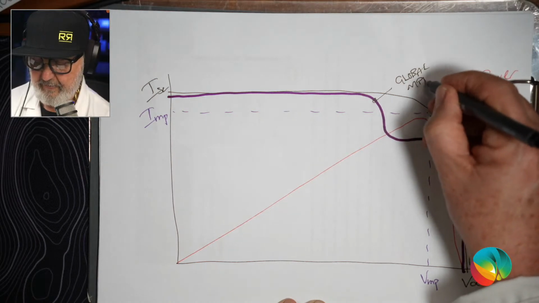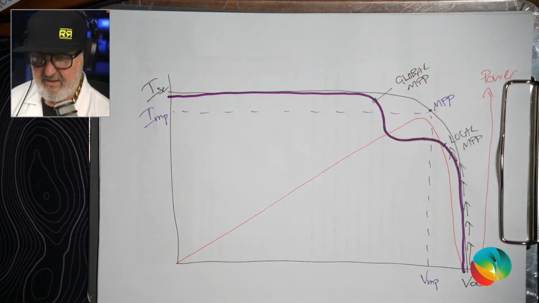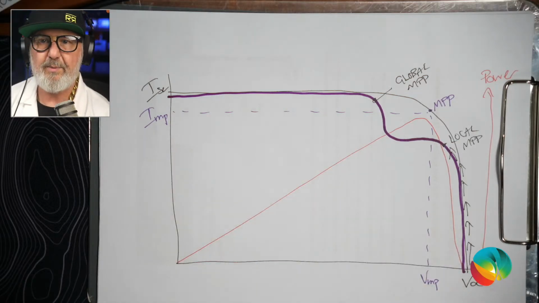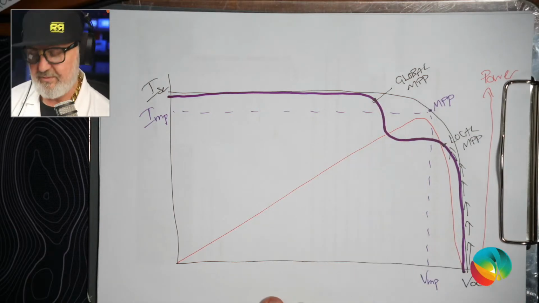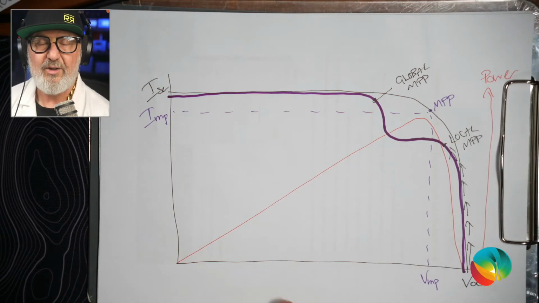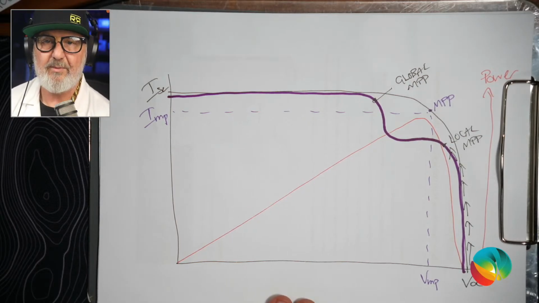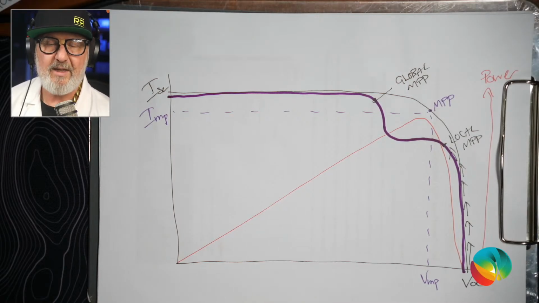maximum power point. Now, some inverters have a function where they will sweep this curve periodically, pretty fast, and find the global and ignore the local. So they're very good at squeezing a bit more out of your array, even when you've got some disturbances like shade. Or you may even have a mismatched module.